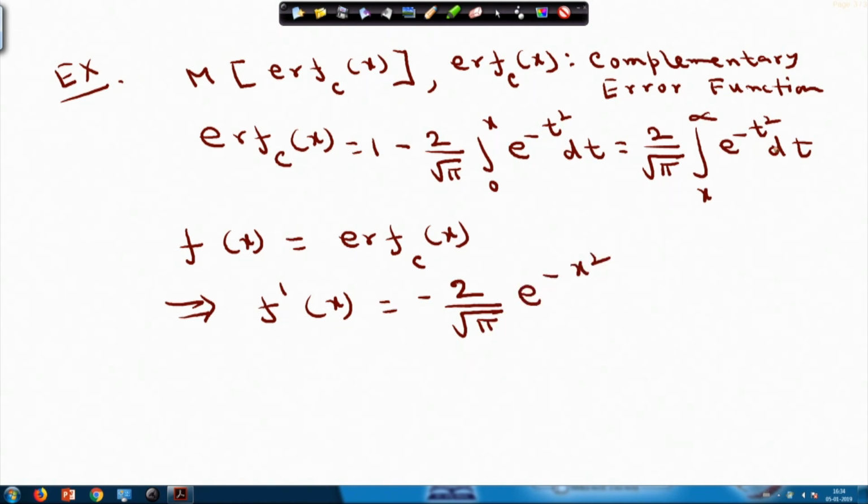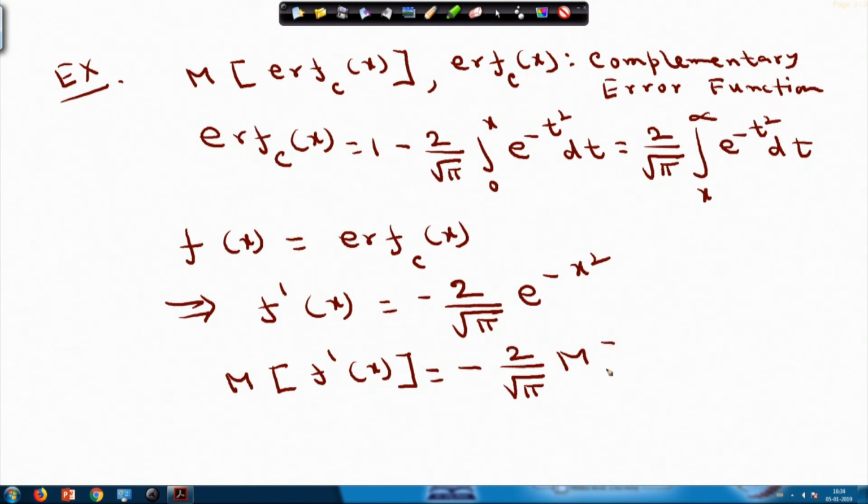Therefore, the Mellin transform of f dash x is equal to minus 2 by root pi times the Mellin transform of e power minus x square.